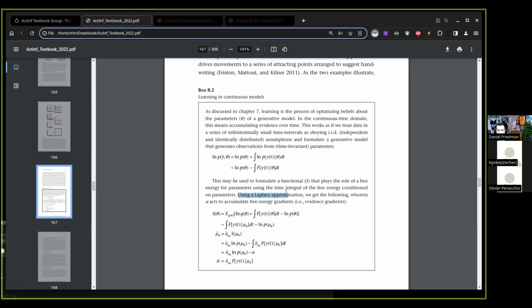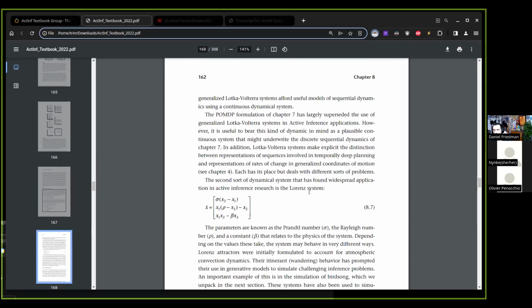However, using Laplace approximation, so a quadratic approximator, we're able to use integrals on continuous distributions to specify the attention-weighted evidence gradients. But this is just a little encapsulated box.